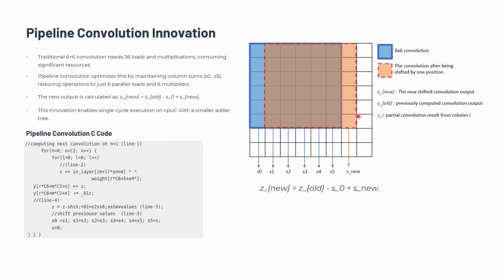When we shift the convolution window by one position, we compute the new output as the previous convolution output minus S0 plus the new column sum. This reformulation requires only 6 parallel loads, 6 multipliers, and a much smaller adder tree, which fits nicely in cpuC resources.